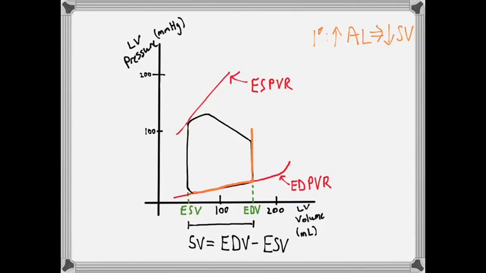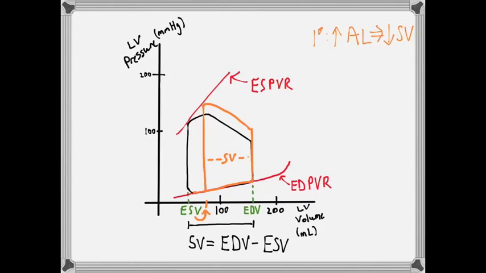However, after we have filled to end diastolic volume, the contraction requires a greater pressure to open the aortic valve. Now, that will lead to contraction at a higher pressure, but at the cost of a decreased stroke volume. So we have a shortened width in stroke volume, and that is reflected here. We also find an increase in end systolic volume.